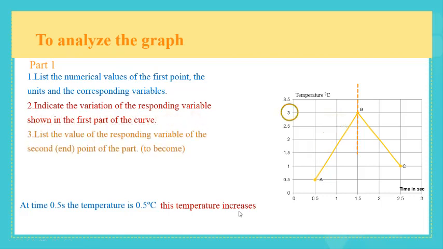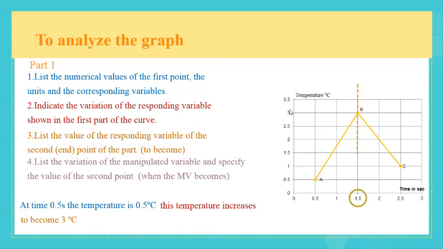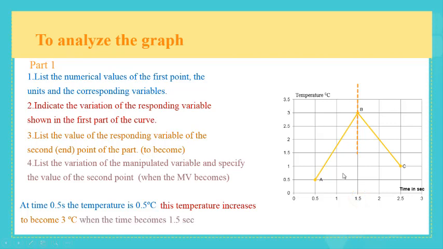Now, list the value of the responding variable at the second endpoint of the part: the value is 3, so we write to become 3 degrees Celsius. Then, list the variation of the manipulated variable and specify the value of the second point: when the time becomes 1.5 seconds.